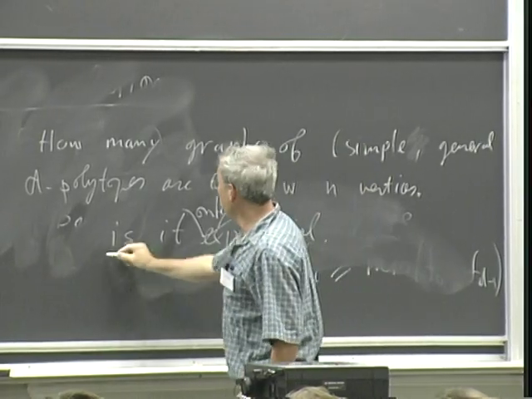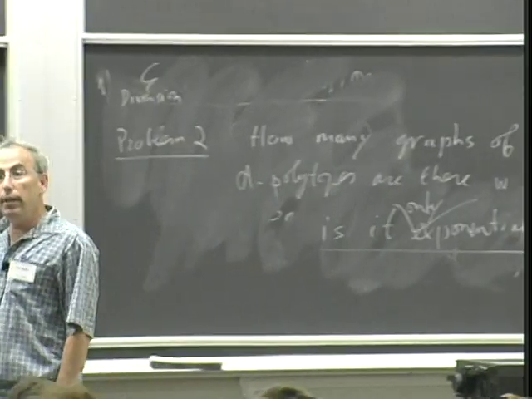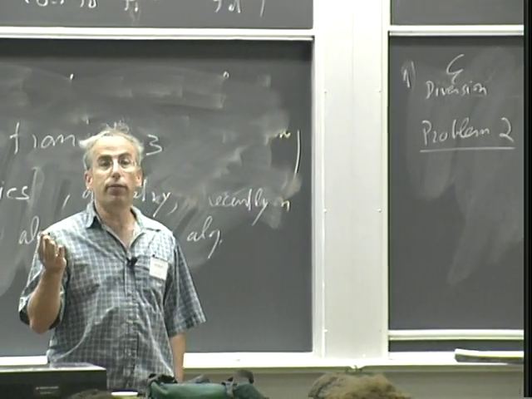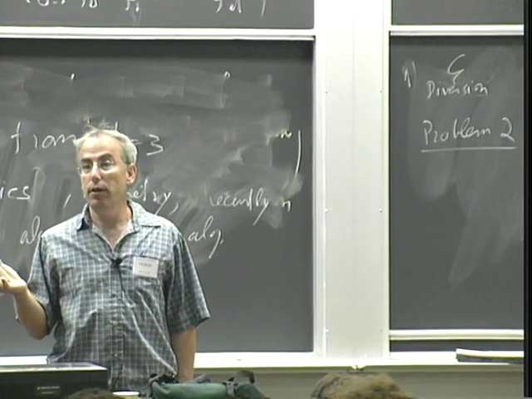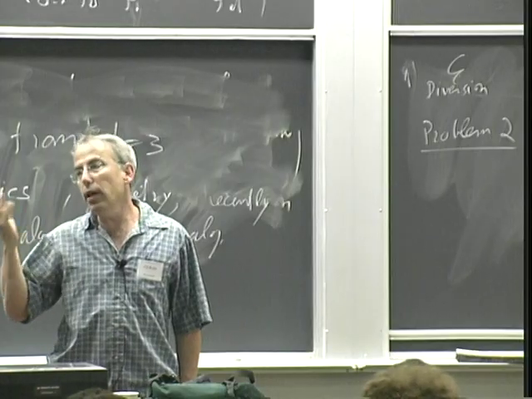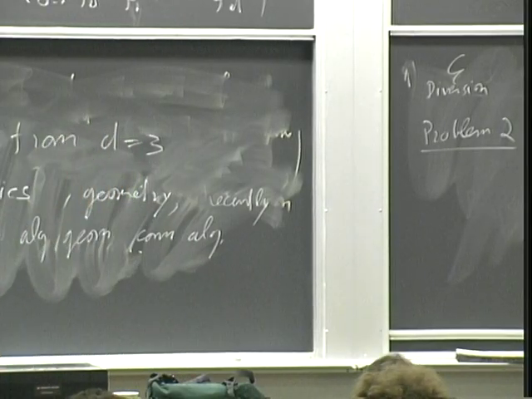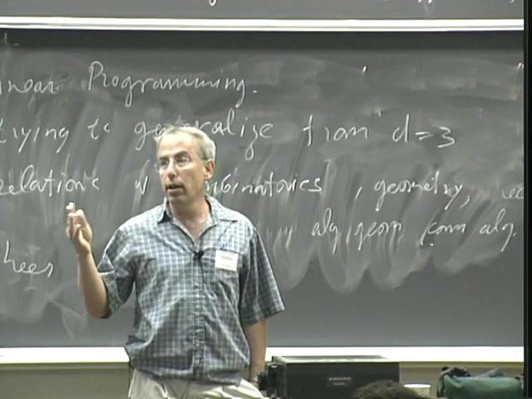So for example, when you talk about simple polytopes of dimension D, then the graph is a D-regular graph. So you have a D-regular graph with n vertices. The number of D-regular graphs with n vertices when D is bigger than 2 is super exponential. It behaves like n to the n.